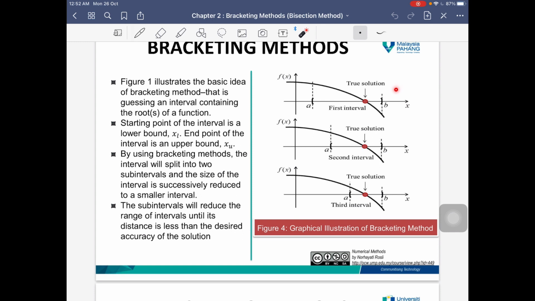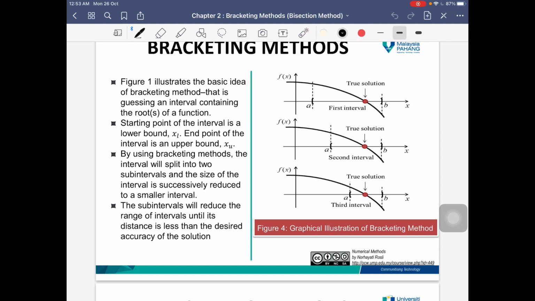So let's look at this figure 4 here, a graphical illustration of bracketing methods. Bracketing methods always bracket the roots of the function. It means that by using bracketing methods, we are guaranteed to find at least one solution or one root at the end of the computation process.